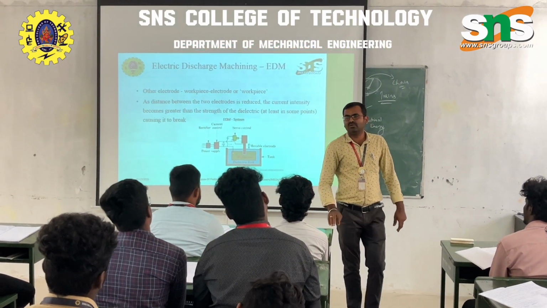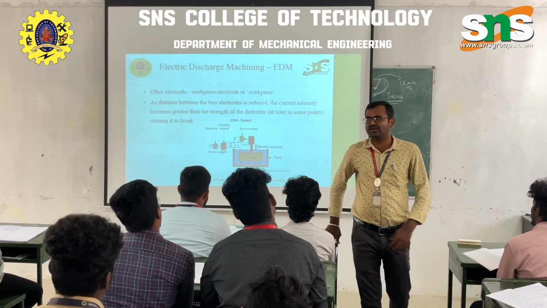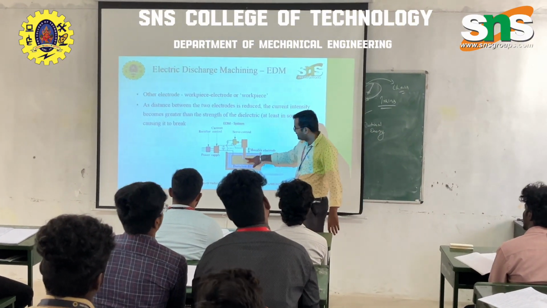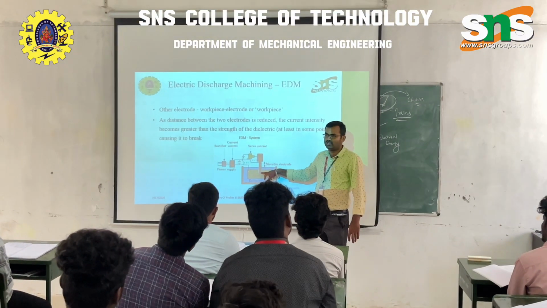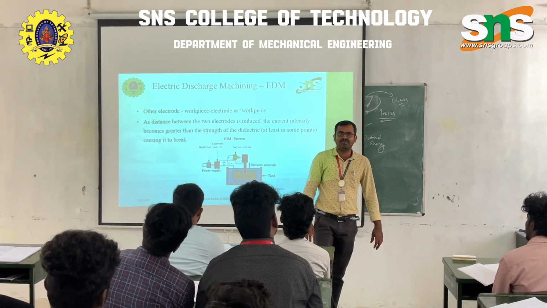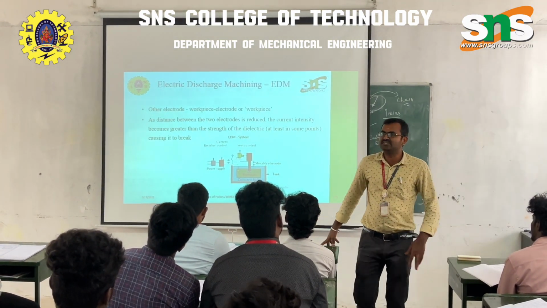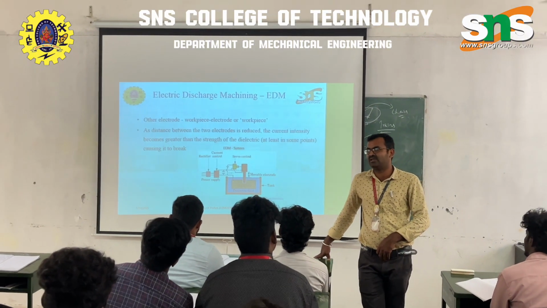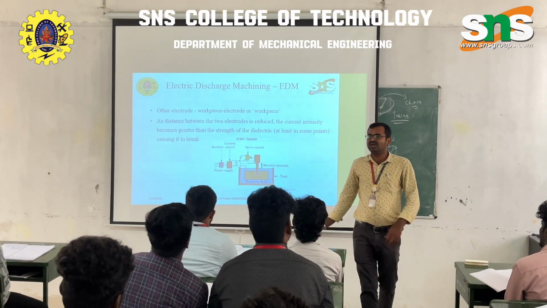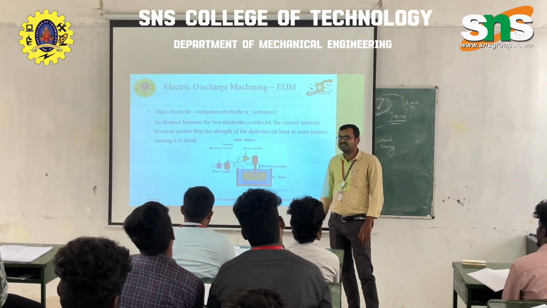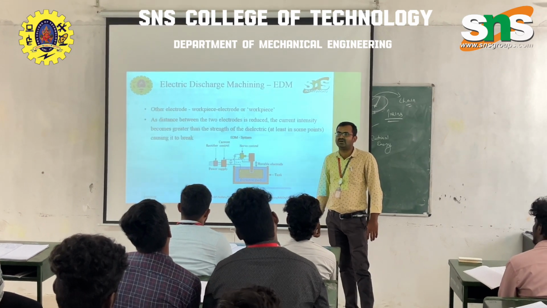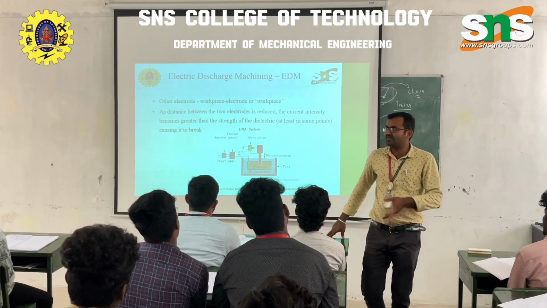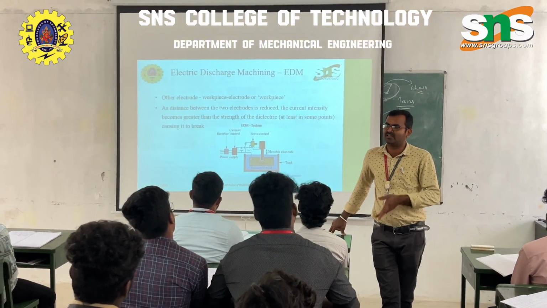Once we supply the voltage, due to the positive and negative, the spark is produced between the workpiece and tool. Okay, this is the general working principle of the wire cut electrical discharge machining process. The ultimate aim is to increase the MRR as well as produce a good surface finish. Okay. In the next class we will discuss another topic.